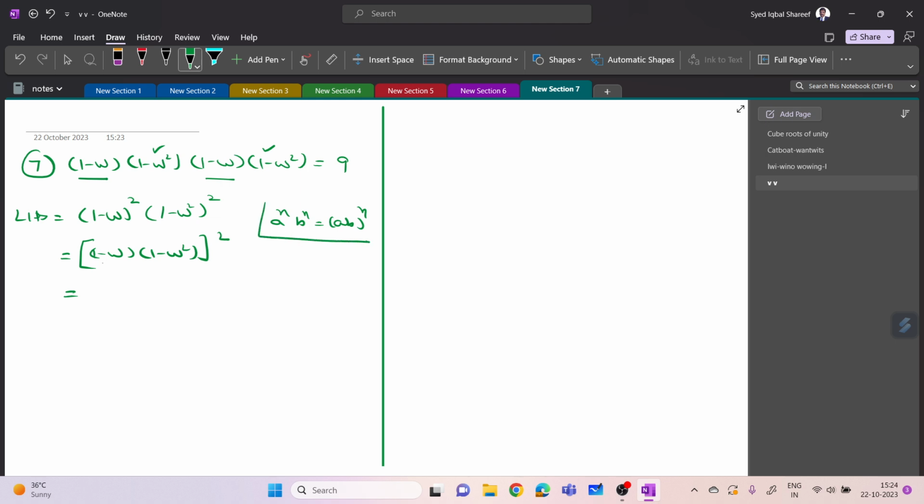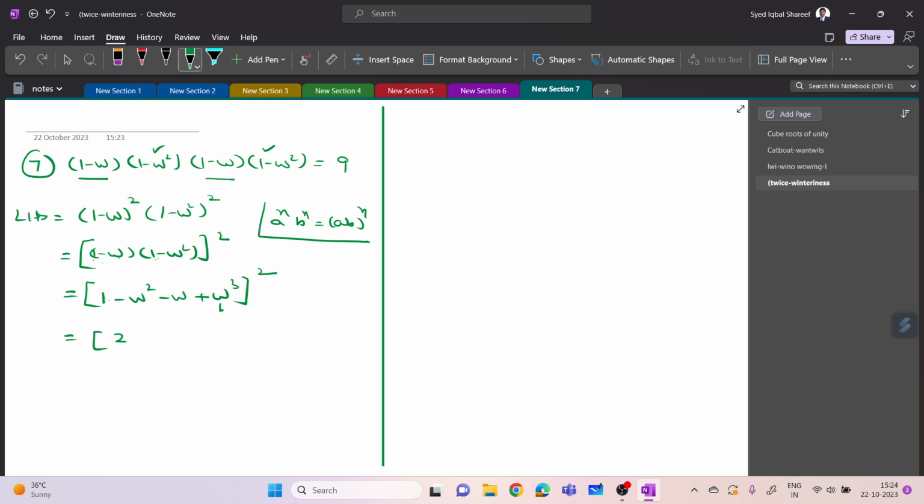So 1 will go with 1. Multiplying, just expansion. 1 into 1 is 1. 1 into omega square is minus omega square. 1 into minus omega is minus omega. Minus into minus plus, omega into omega square is omega cube. Whole square as it is outside. So omega cube is 1.